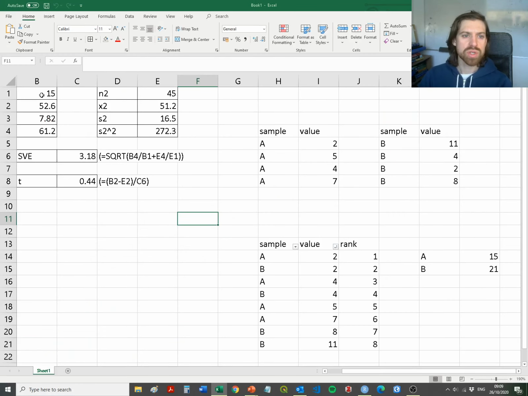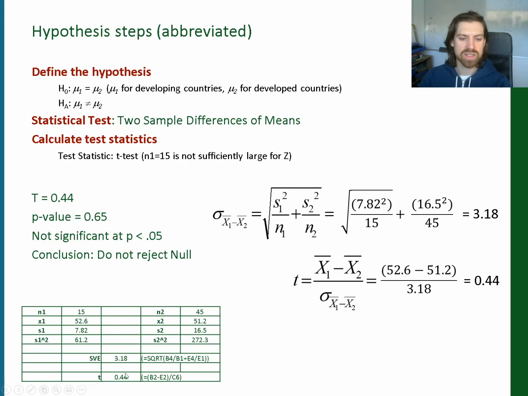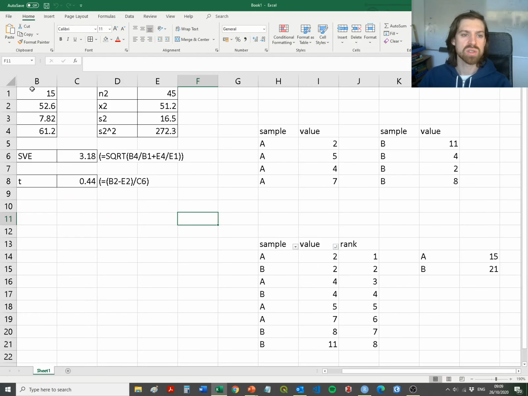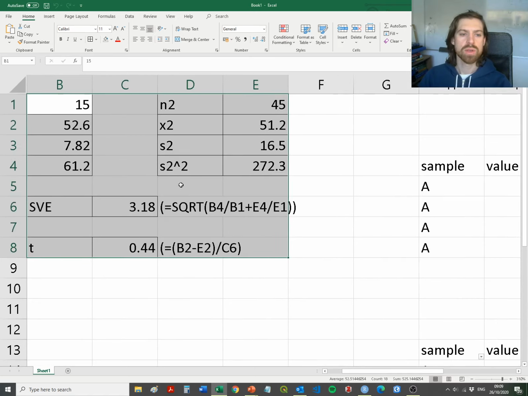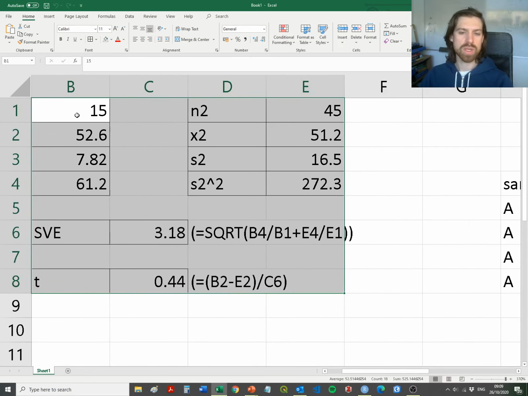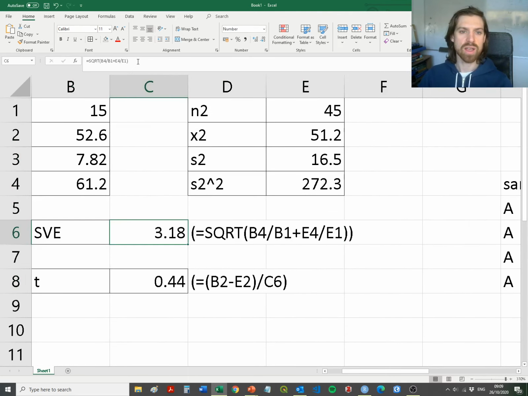So if you just recreate this table and slot it into an Excel spreadsheet such as this, then you should be able to recreate these calculations, okay?